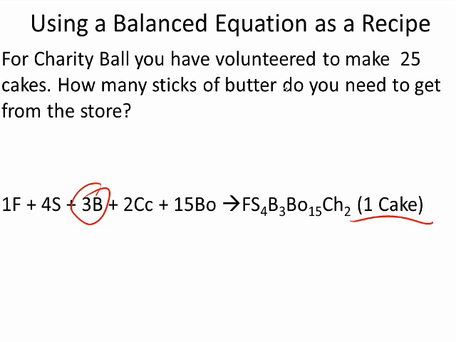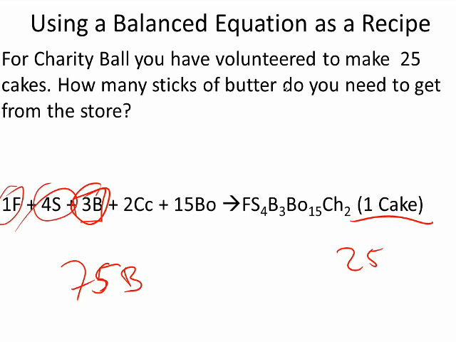This is for 1 cake, and we can figure out if we have 25 cakes, we're going to have 25 times this, so that's going to be 75 sticks of butter. Also 25 cups of flour, 100 bags of sugar, etc.